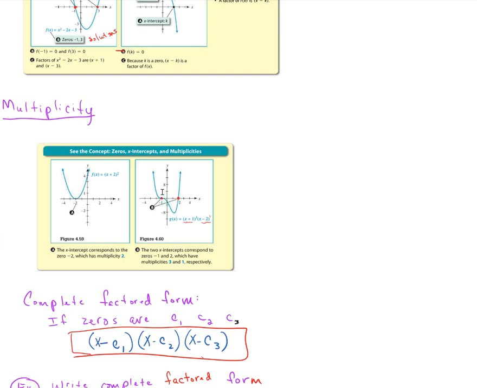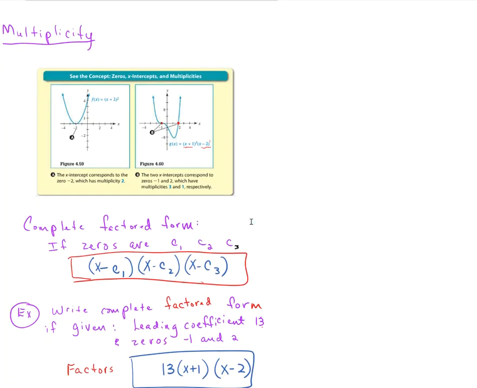X plus 1 is a factor, and it says that's cubed. So there is a multiplicity of 3. And x minus 2, which doesn't have an exponent here, that's understood to be 1, so its multiplicity is 1. We will be asked about multiplicity in this section.